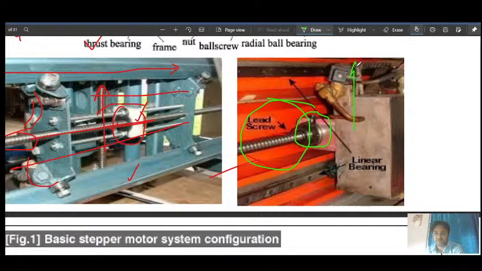This one is connected here, and the table is above, and again you can see the guideways, this one, this one, and here this one is a guideway.